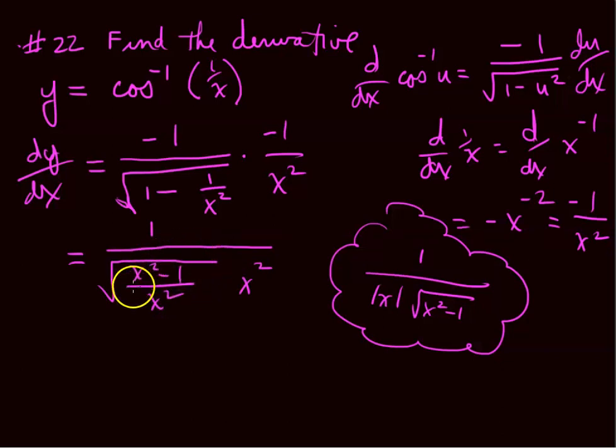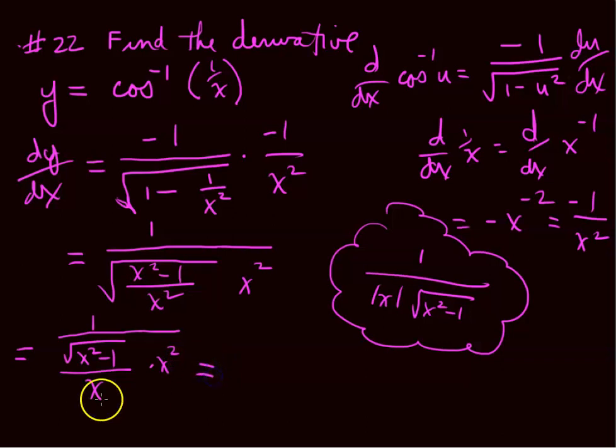If you rewrite this, you can rewrite that as 1 over the square root of x squared minus 1 over x, times the x squared, of course. Now this becomes, because you've got this reciprocal, x squared over x times the square root of x squared minus 1.